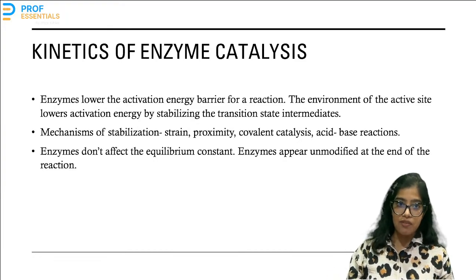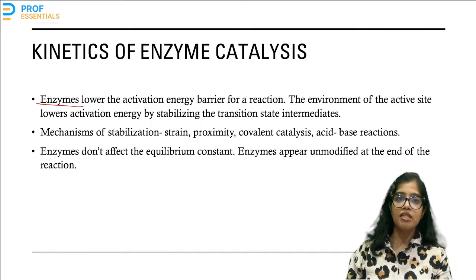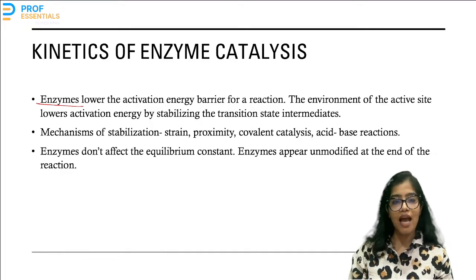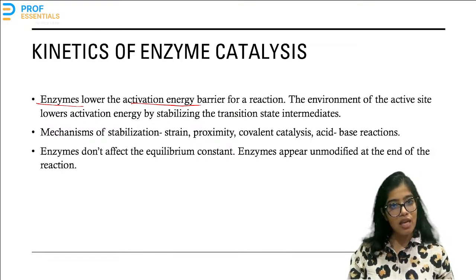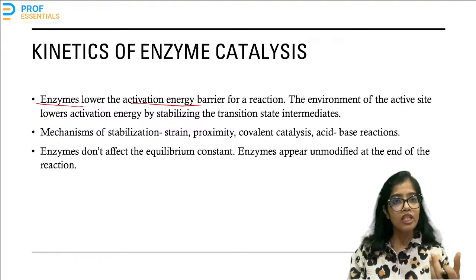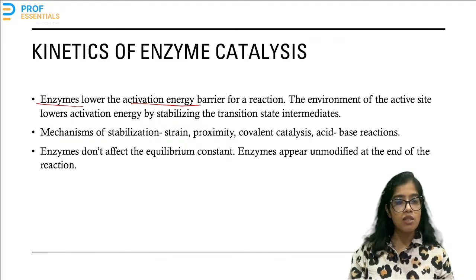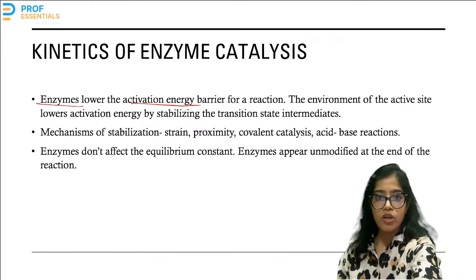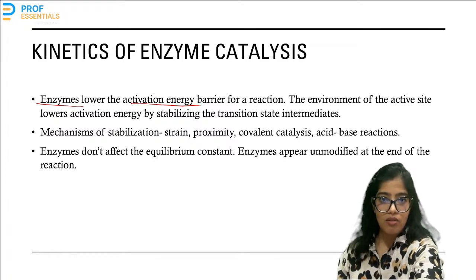Enzymes, as we have seen, the one basic concept is that enzymes lower the activation energy barrier for a reaction. Activation energy barrier is the energy required to reach the transient state intermediate. So enzymes are going to lower this energy barrier, and now the energy required to reach this transient state intermediate is much lesser compared to without the enzyme.